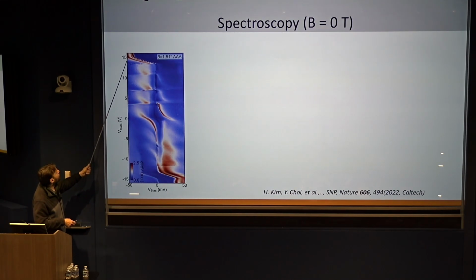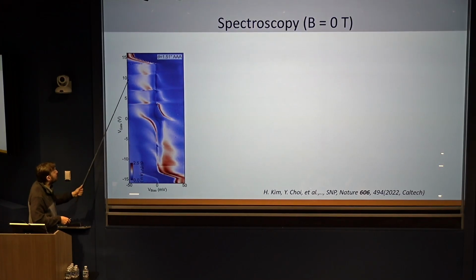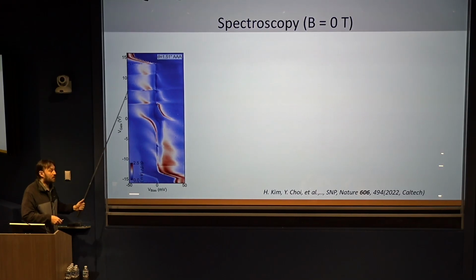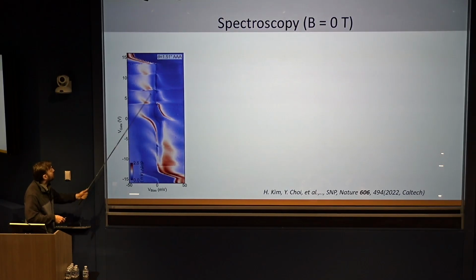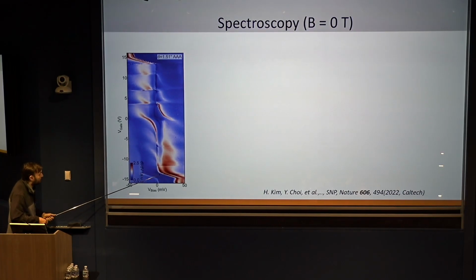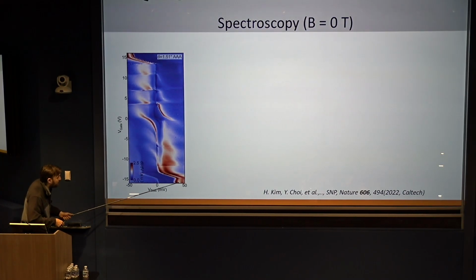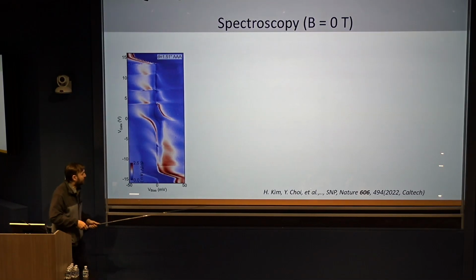Then as you dope, the flat bands enter close to the Fermi level, there is a rich interplay of phases and reconstruction of the bands happening, and then eventually you exit, and the flat bands become placed above the Fermi level.